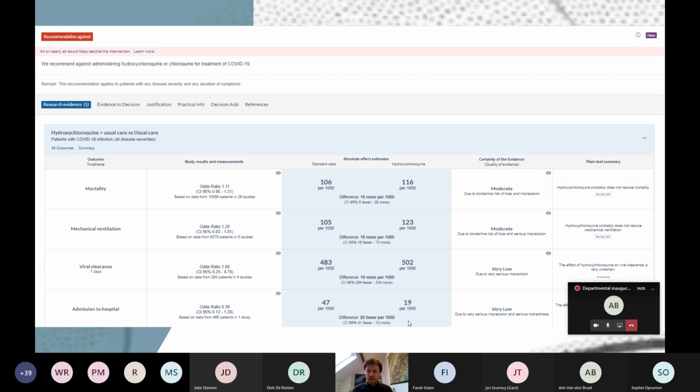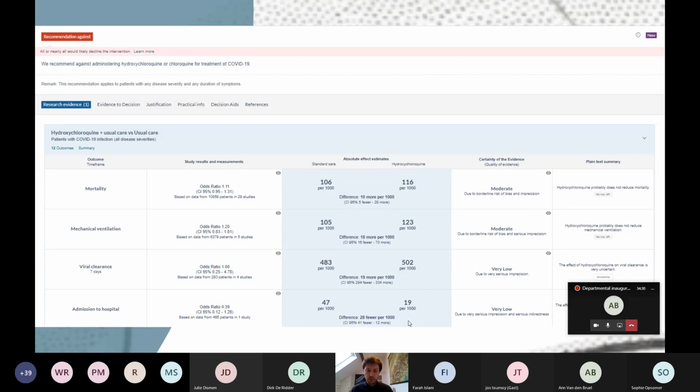And in this case, the WHO used the GRADE approach to develop guidelines on several drug treatments, and this is a recommendation on the use of hydroxychloroquine. They identified, I only showed 4 of them, 12 outcomes together with clinicians, topic experts, but also with patients, which they defined as the outcomes that will drive decision-making.